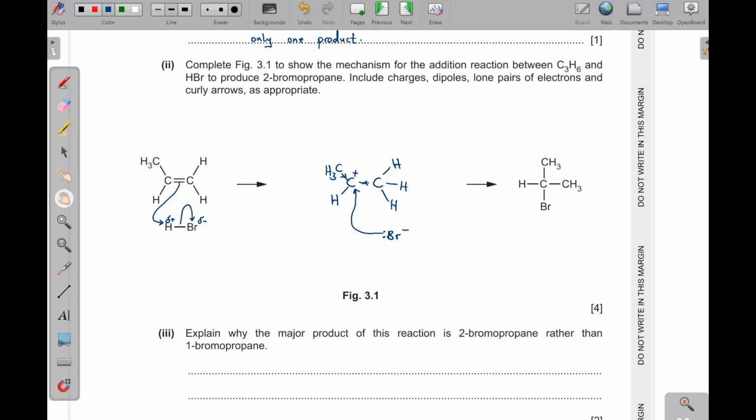Then they are saying, it is Roman 3 actually. Explain why the major product of this reaction is 2-bromopropane rather than 1-bromopropane.